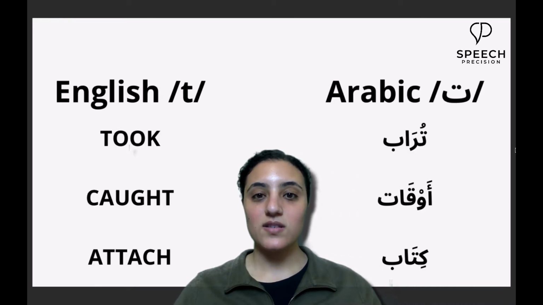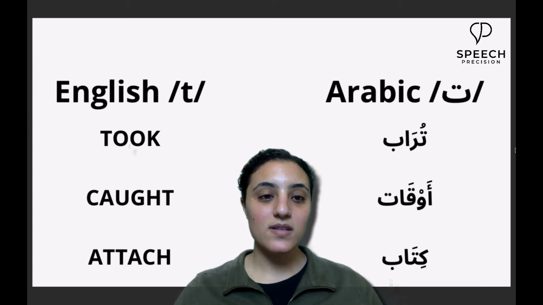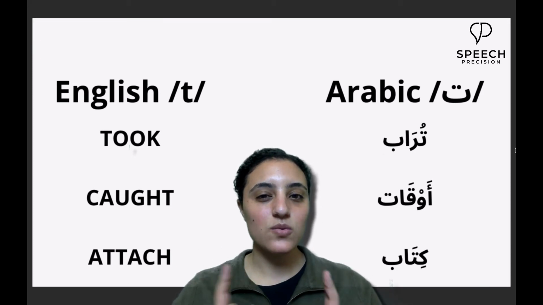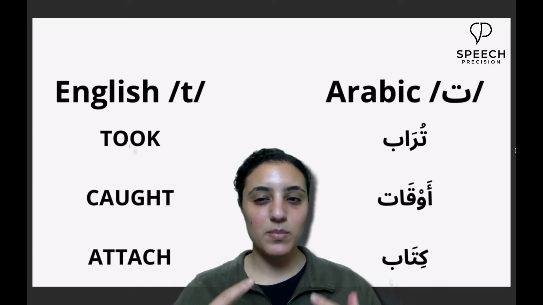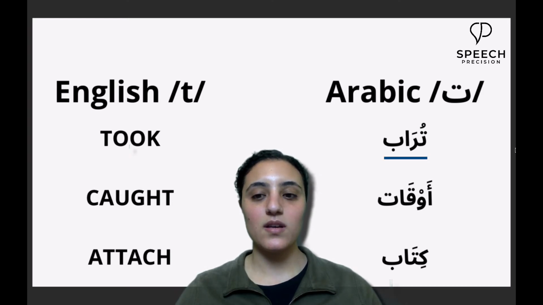So let's look at some English words and then compare them to some Arabic words. So when I'm reading this, I want you to really be thinking about how these two sounds are different. Try to really picture what are the differences between the two sounds. So in English, I have the word took. In Arabic, turab.